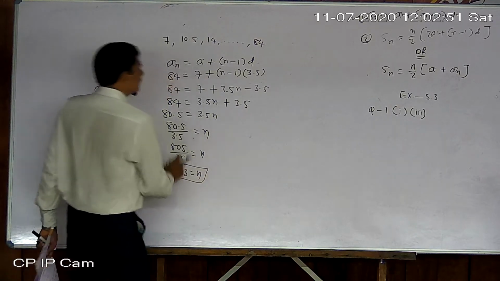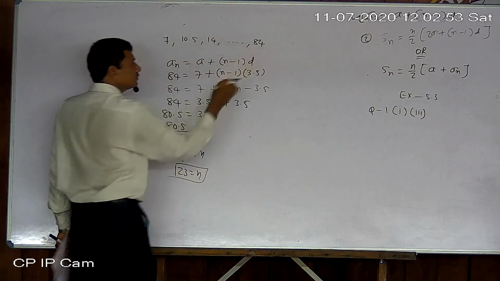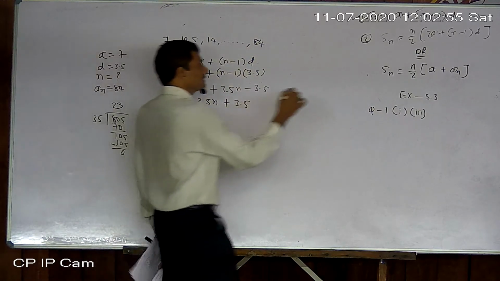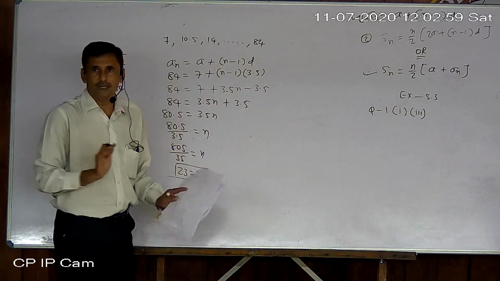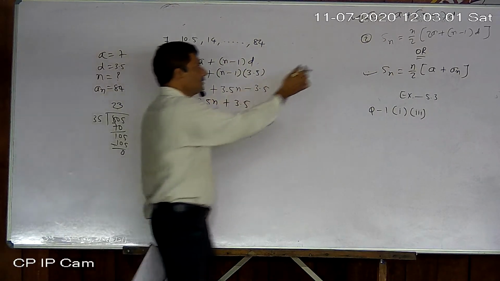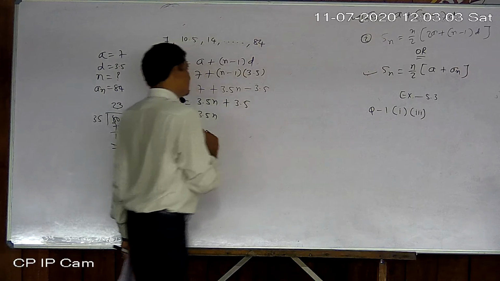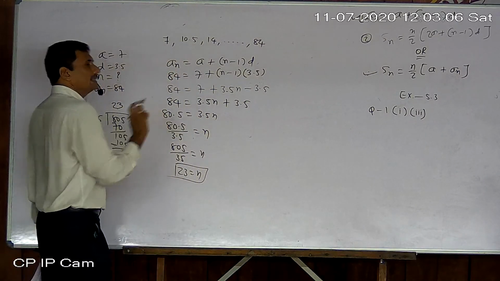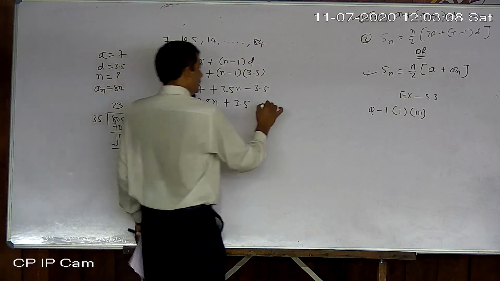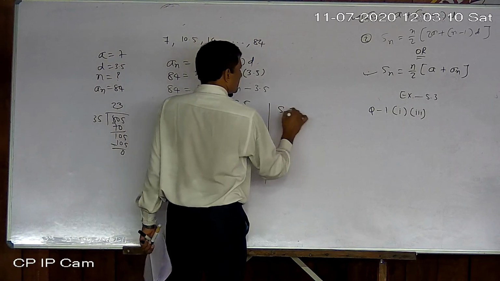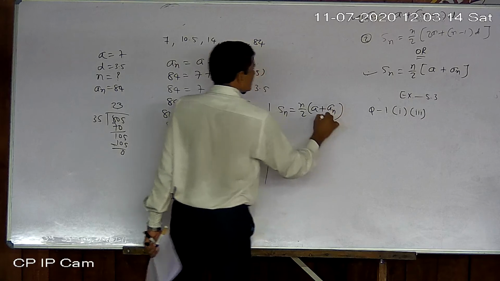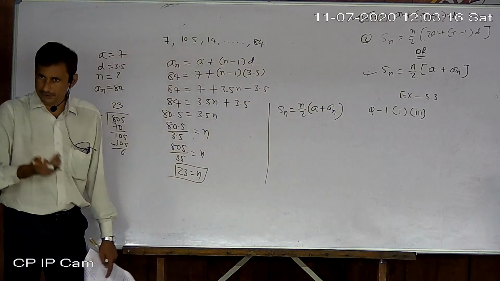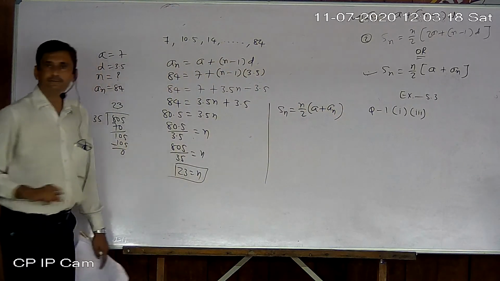Now we know here first and last both terms we are having. So we can use this short formula also and that formula also. Anyway, either use the first or second formula of Sn, you can find the answer. So now I use that short one, n by 2 (a plus an), where an means last term, nth term, 23rd term.